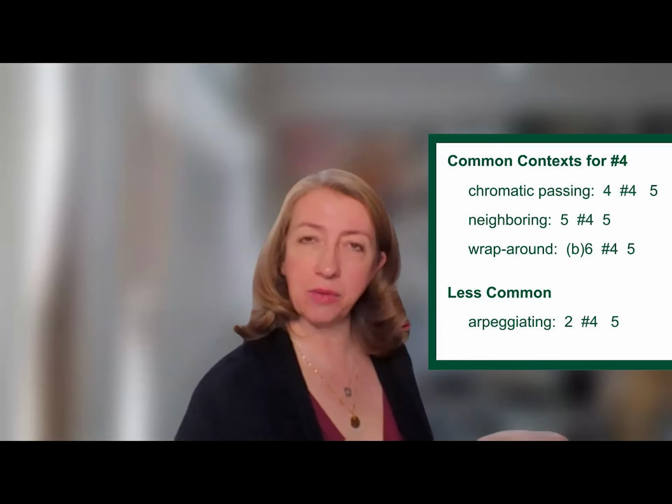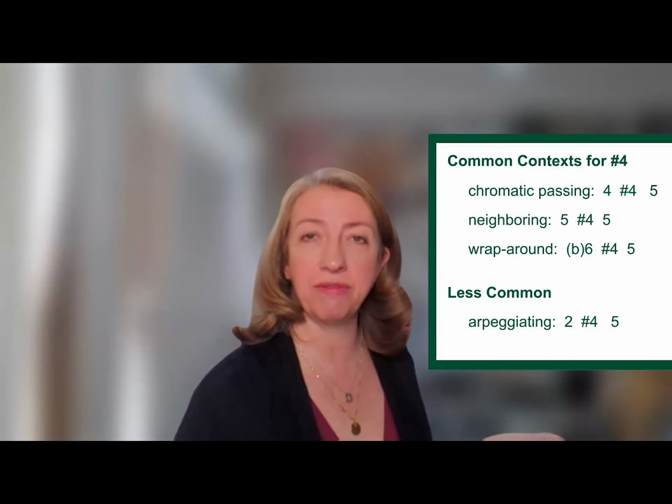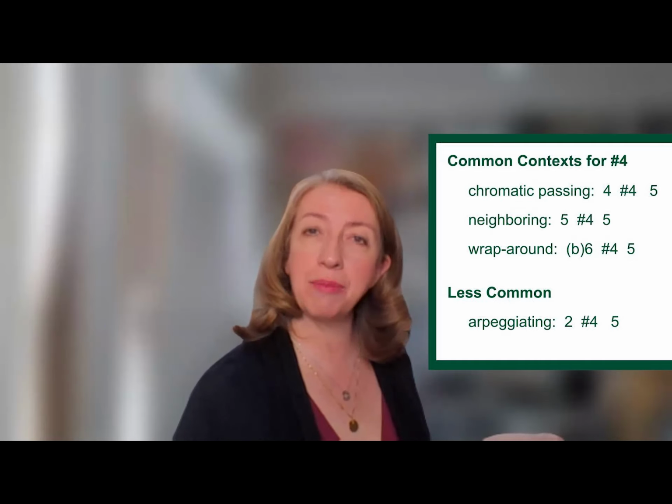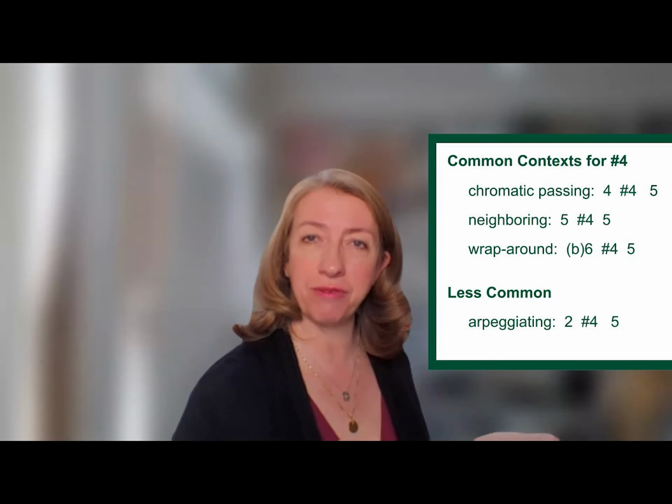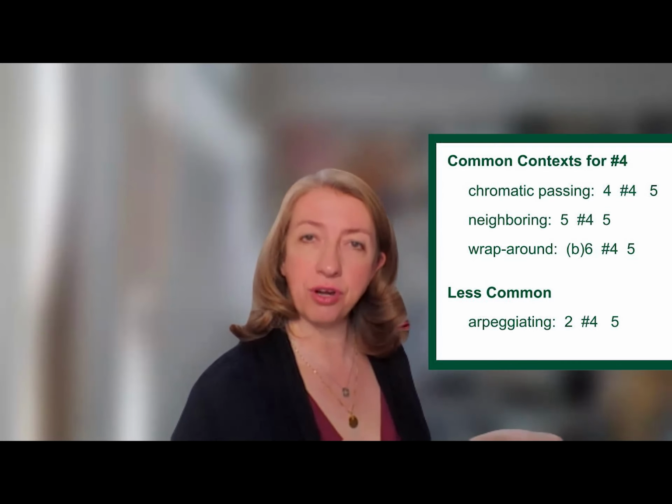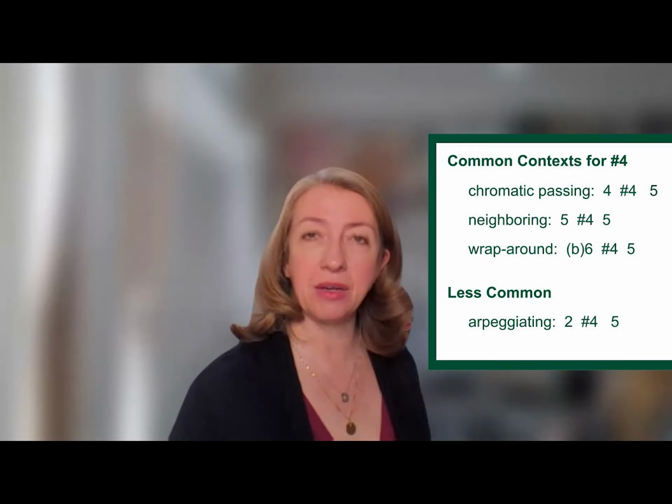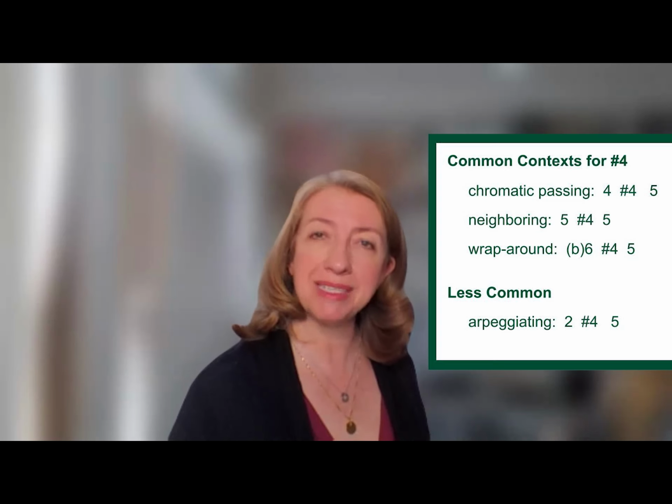The second context in which we will hear raised scale degree 4 is going to be as a lower neighbor to 5. Here's 1, and here's 5, sharp 4, 5. The third context in which we're likely to find a raised scale degree 4 is this wraparound pattern where we're going to hear lowered scale degree 6, jump down to raised scale degree 4, and resolve to 5.